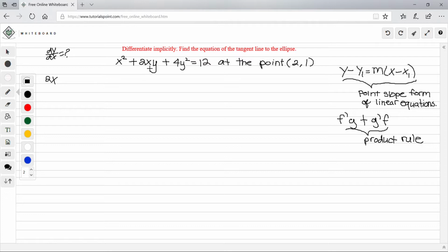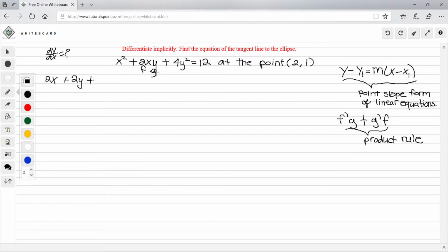We have a 2xy. How do you take the derivative of this? You have to use the product rule. So our f is 2x and our g is y. Here's the product rule. What is f prime? What's the derivative of 2x? 2. And then you bring the y because that's our g, so it's 2y, plus, and then we have to take g prime.